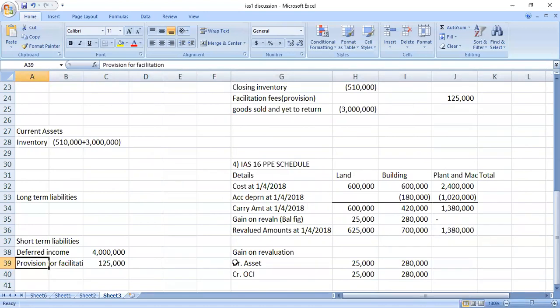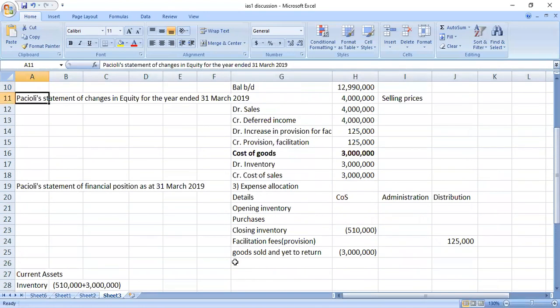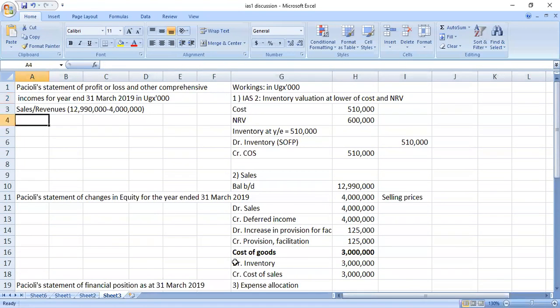So OCI, we all know it's under the P&L. Then you come here and say other comprehensive incomes. Then you say gain on revaluation.